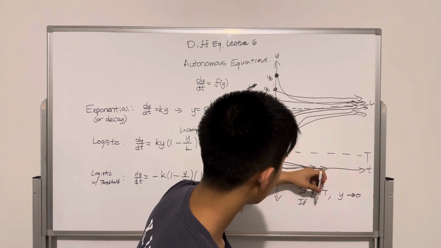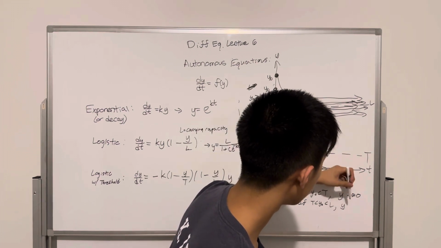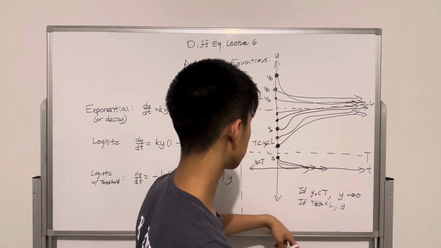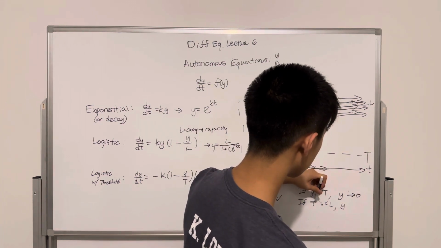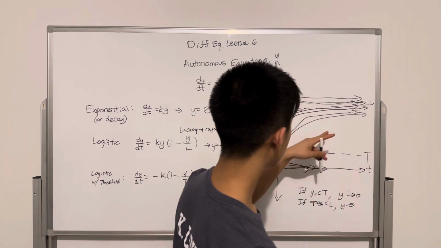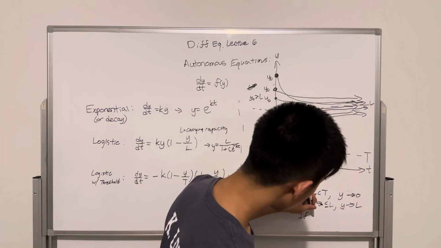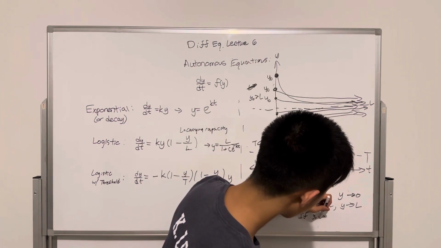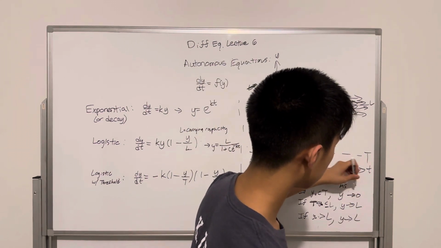If it's at the threshold, then it just stays at the threshold. Nothing changes. If it's in between, y approaches L. And if y0 is greater than L, then y also approaches L. And this is as t goes to infinity.